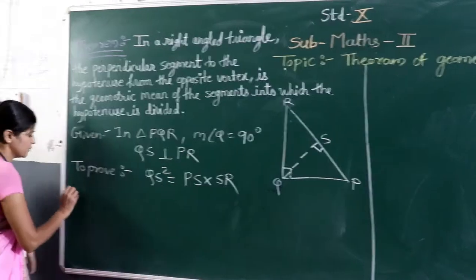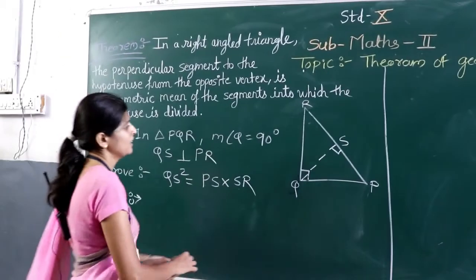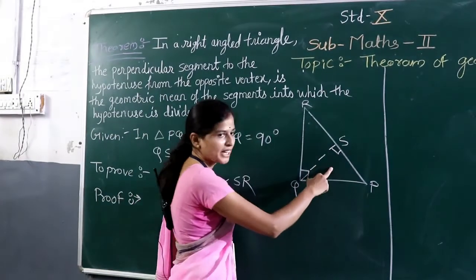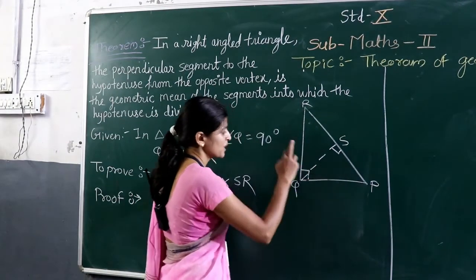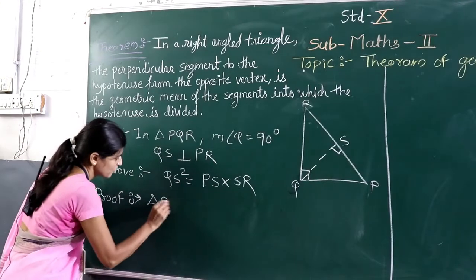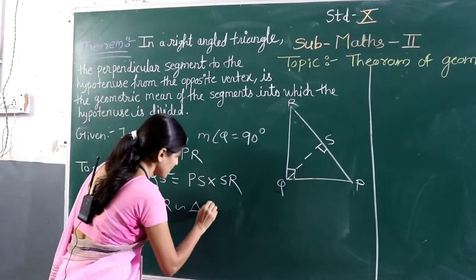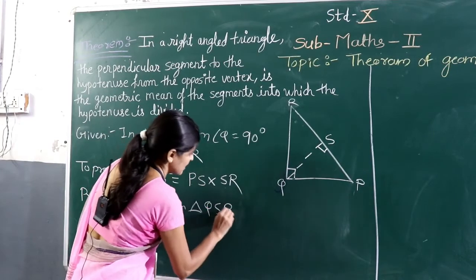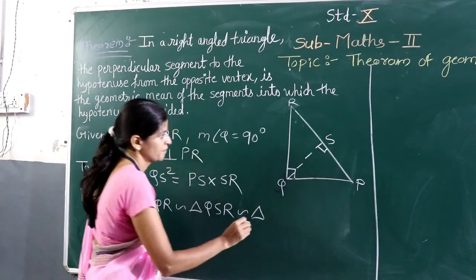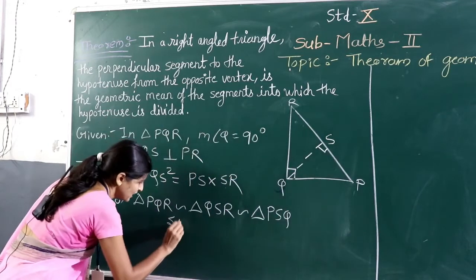Now we start the proof of the theorem. We know by similarity of right angle triangle that two triangles made are similar to each other and are similar to the original triangle. So we write down here original triangle PQR is similar to triangle QSR is similar to triangle PSQ, by similarity of right angle triangle.